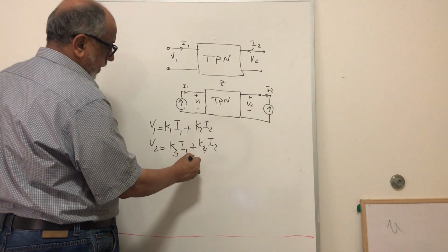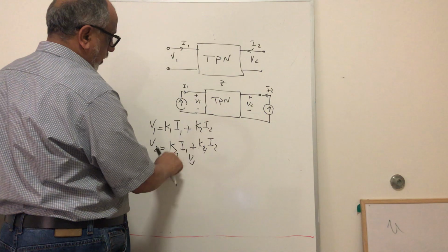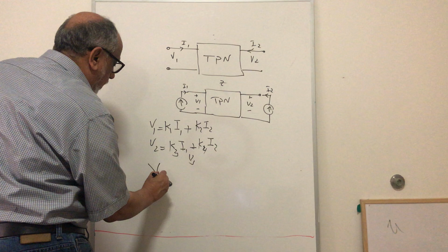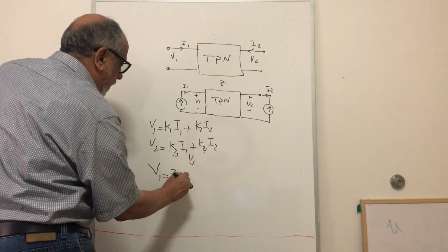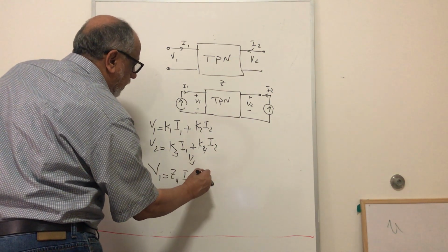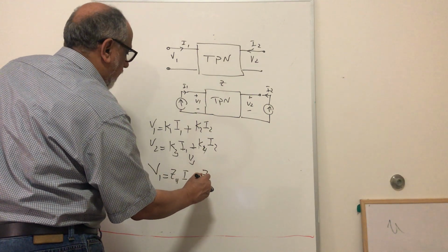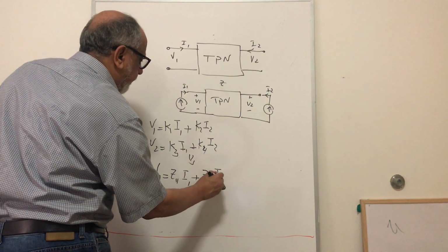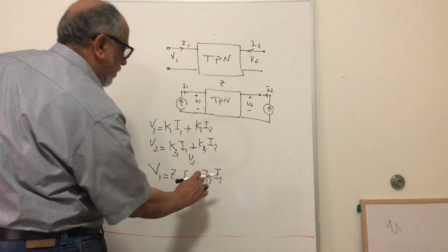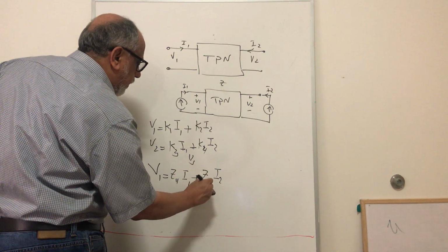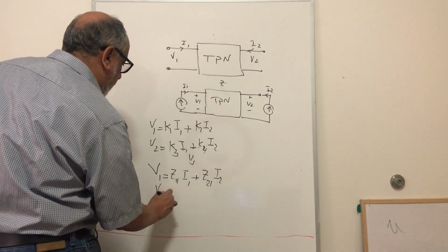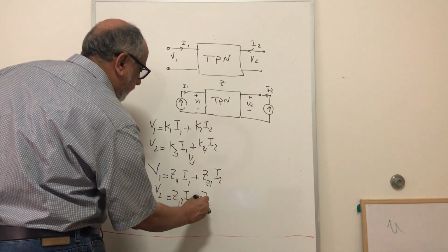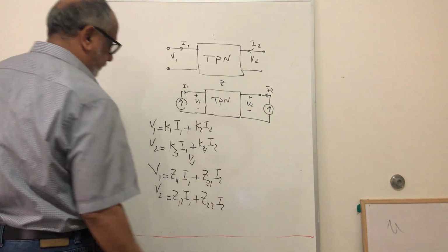Since Z times I is V, we can simply say V1 equals Z11 I1 plus Z12 I2, and V2 equals Z21 I1 plus Z22 I2.